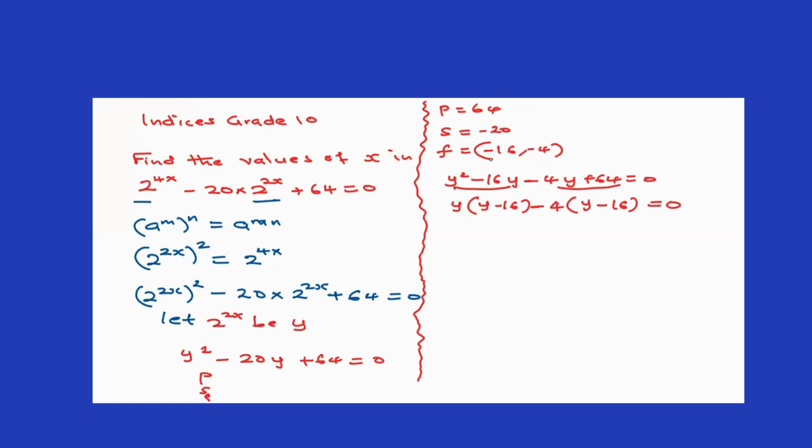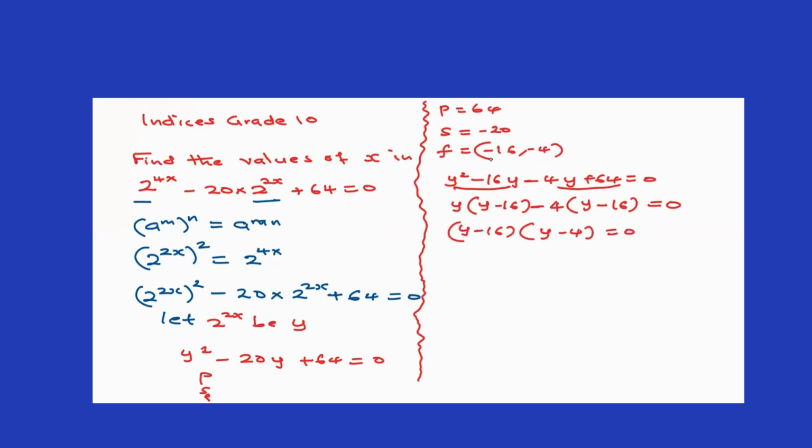Know that the first bracket should resemble the second bracket. So if you find out that you have y plus 16 in the second bracket, know that you have a problem and you need to revisit to know where the problem is. So if y minus 16 is common, then we factor it out to remain with y minus 4 equal to 0.